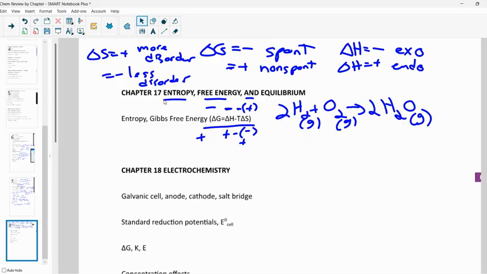All right, when they are the same sign, that's when we have to think about what factor matters then. The temperature, right? Because if delta H is negative, but it's becoming more ordered, this term is going to be negative, this one is positive.